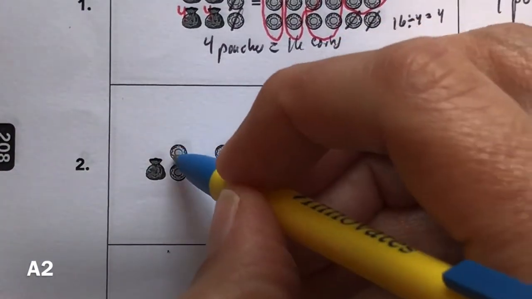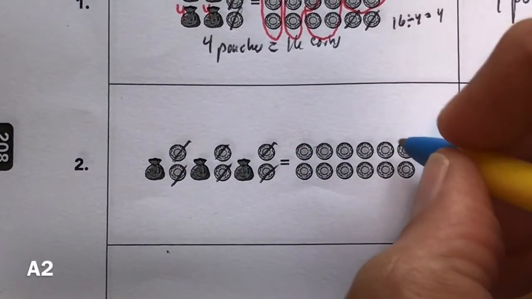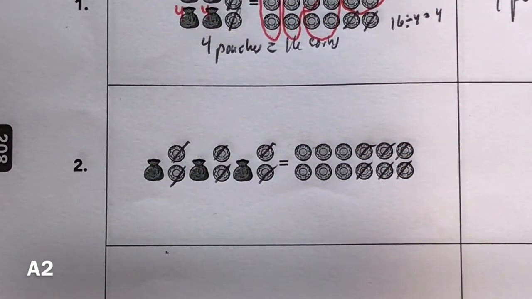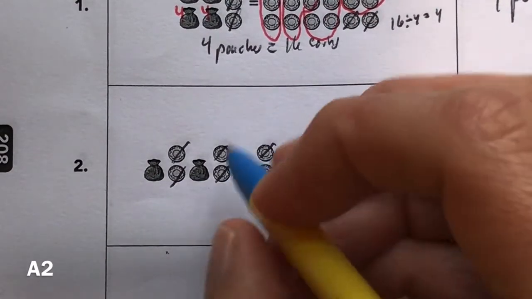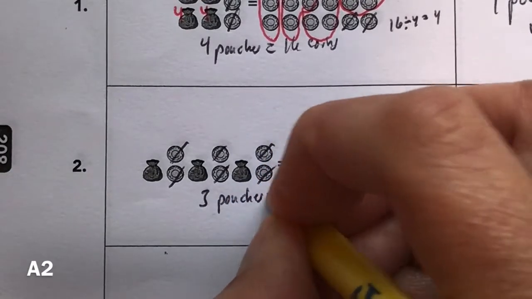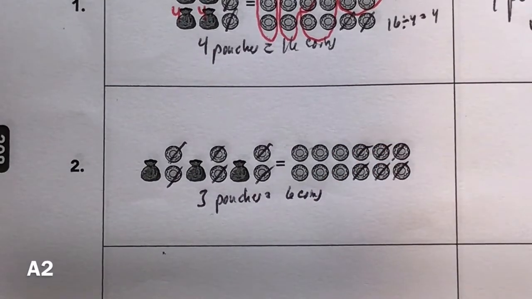So in this case, I'm going to have 1, 2, 3, 4, 5, 6 coins gone there. And 1, 2, 3, 4, 5, 6 coins gone there. So now I'm left with 3 pouches equals 6 coins.